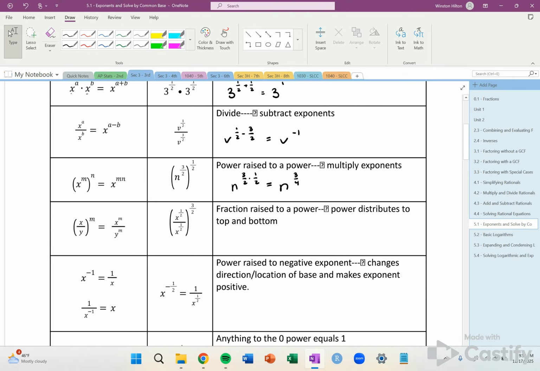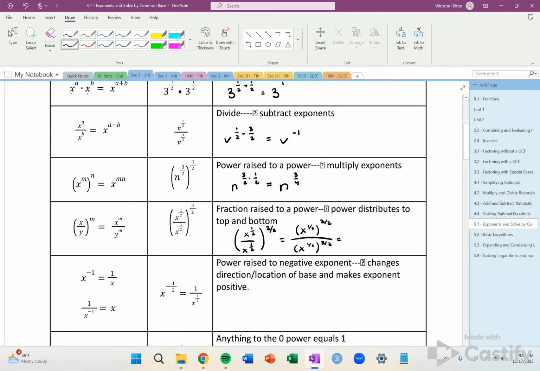If you have a fraction being raised to a power, you are going to raise both the numerator and the denominator to that same power. So here if we have x to the 1/2 over x to the 1/2 raised to the power of 3/2, then we are going to raise both the numerator, x to the 1/2, to that power, and our denominator to that same power.